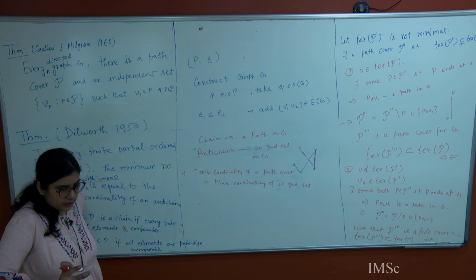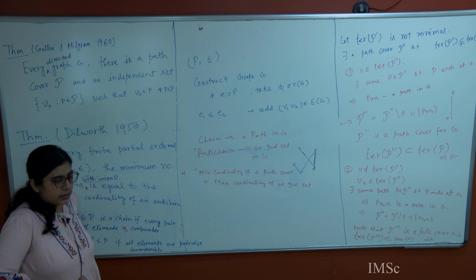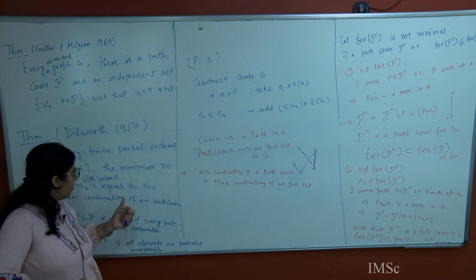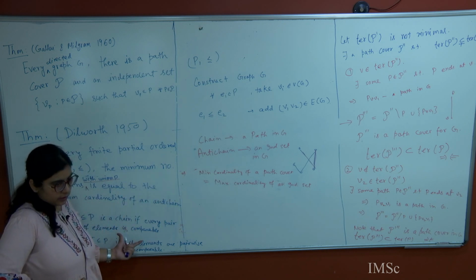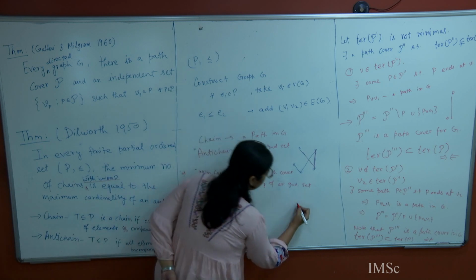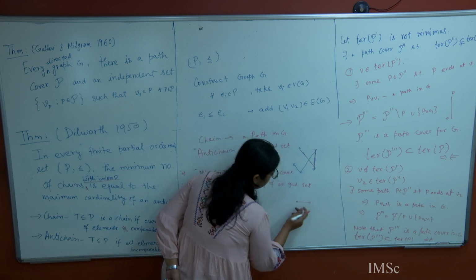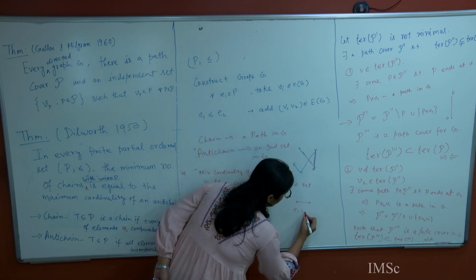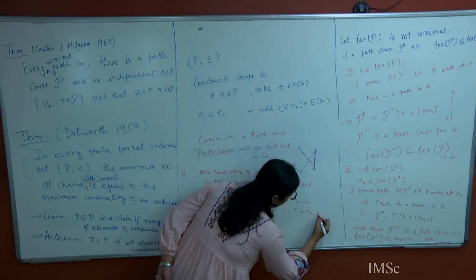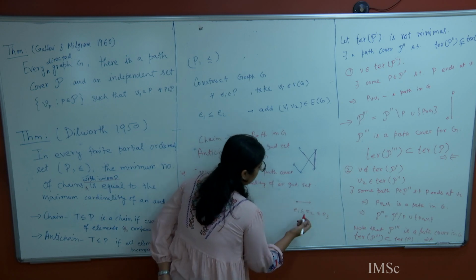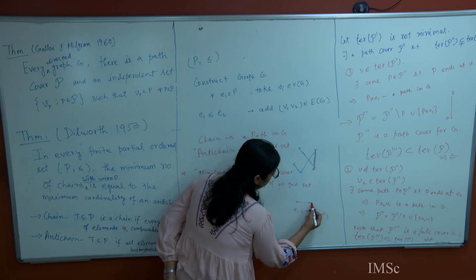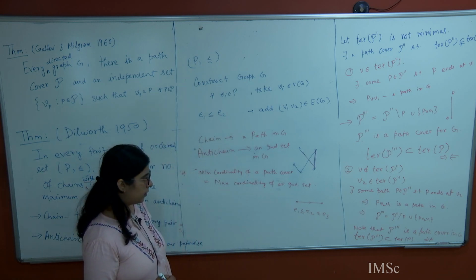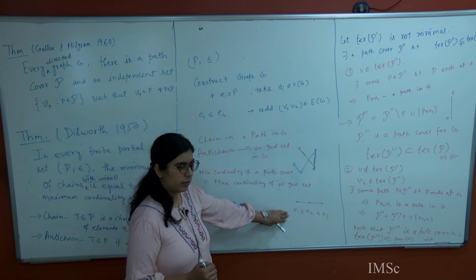If two vertices are not adjacent, then they are not comparable. But we built this graph from the partial order set, right? So if E1 is comparable to E2 and E2 is comparable to E3, that means in my G I added edges E1 to E2 and E2 to E3. Now my doubt is whether E1 and E3 are comparable or not. They are comparable by the partial order, right?